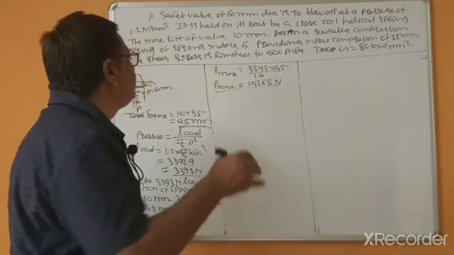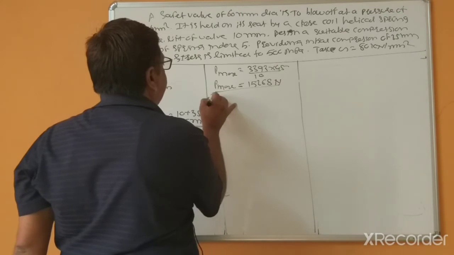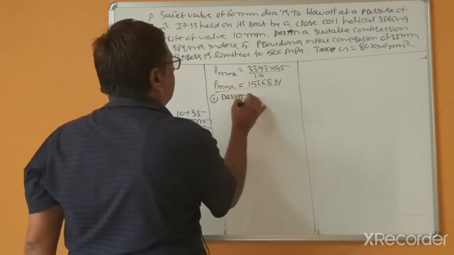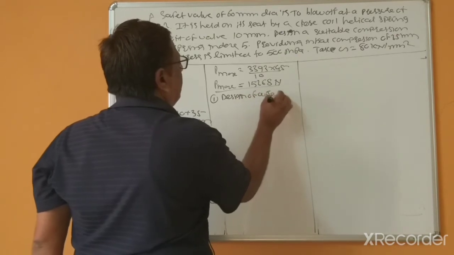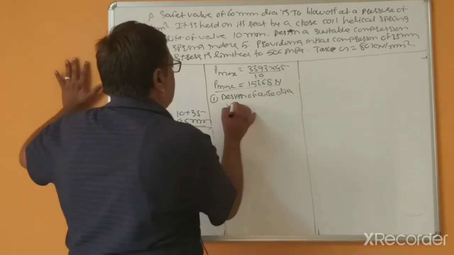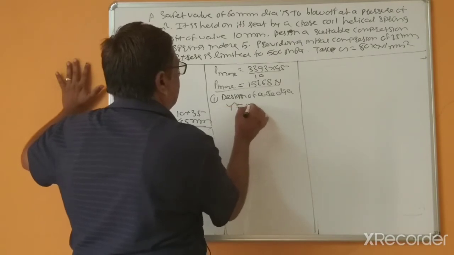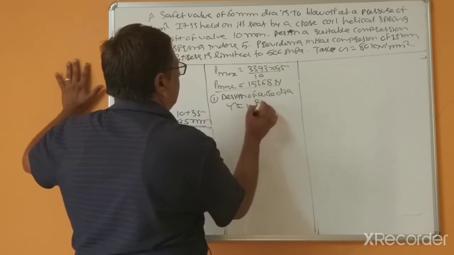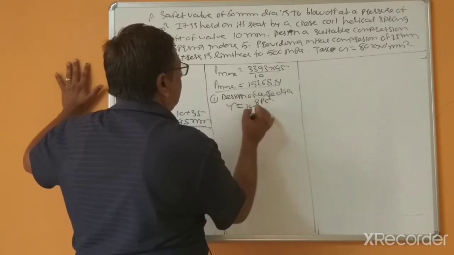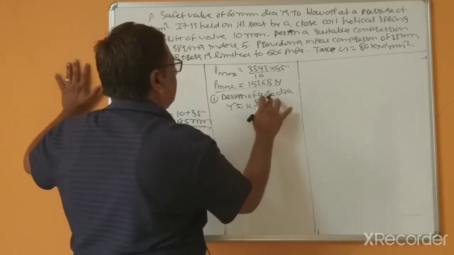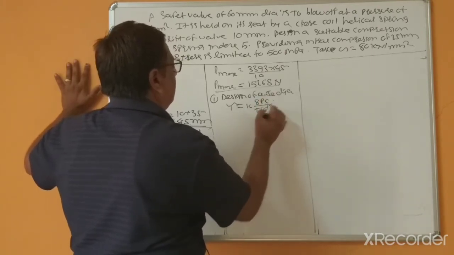Now the design process starts. First, design of the wire diameter. What is the formula? Tau equals K times 8PC divided by pi d squared.